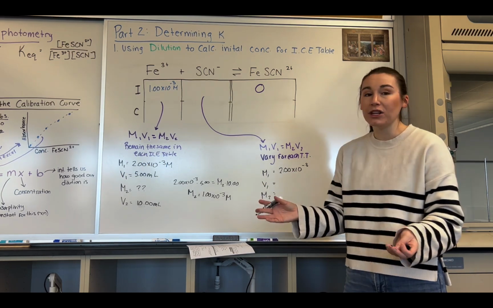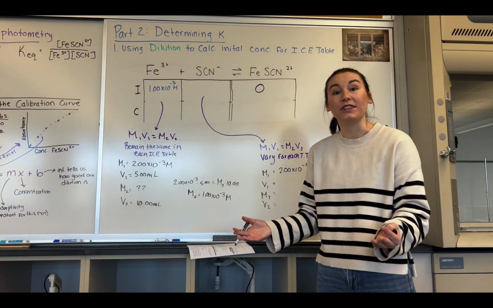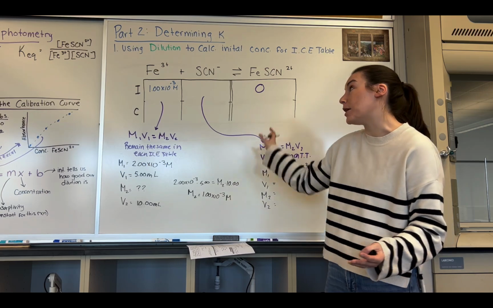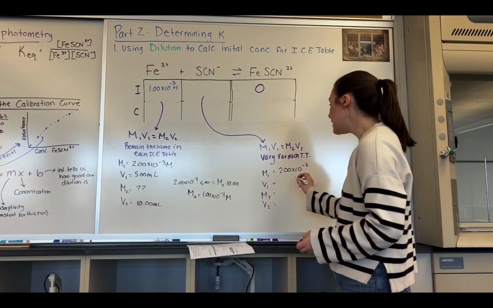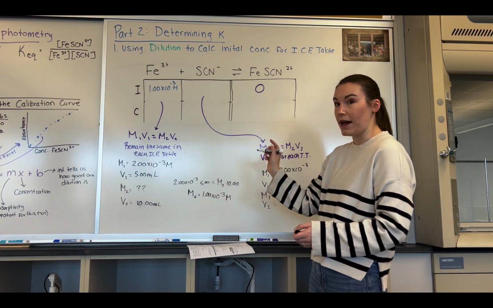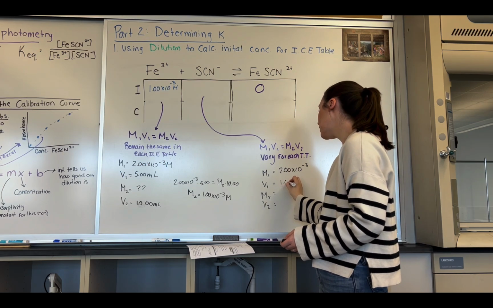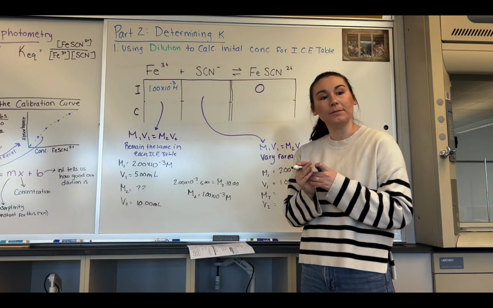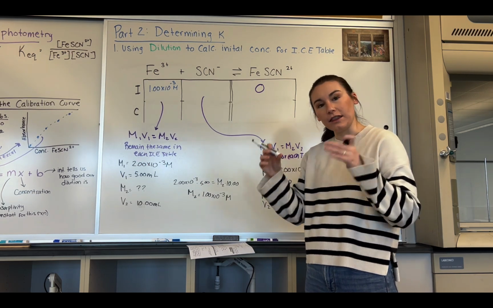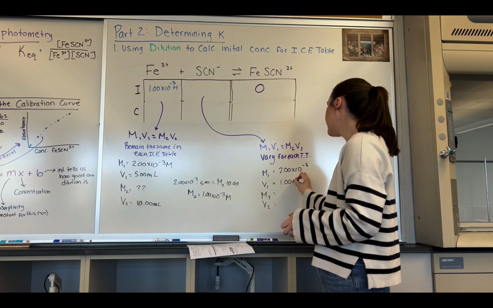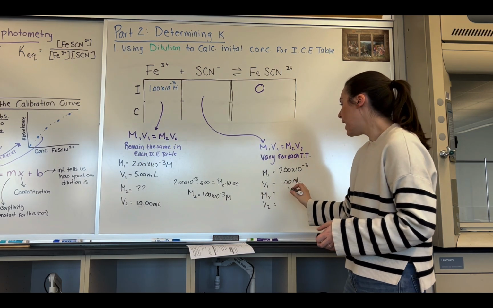The volume, I'm going to do test tube number 6 as our example for how we're going to fill in this ice table. Test tube number 6 had a volume of the thiocyanate as 1 milliliter. So we can go to our table, look up test tube 6, and it'll say that thiocyanate was 1 milliliter. So that's where I'm getting that number from.